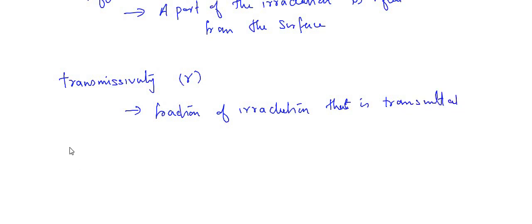The absorptivity is given by alpha: the fraction of the irradiation that is absorbed.